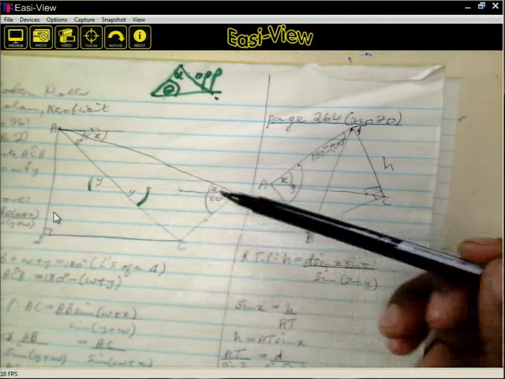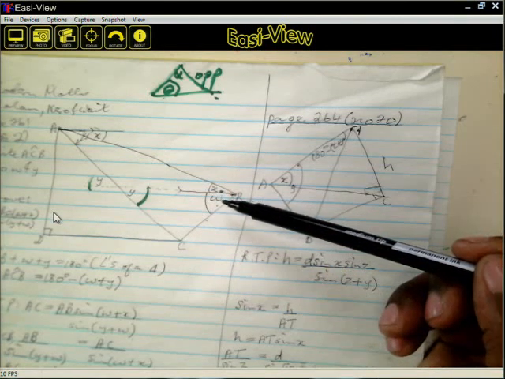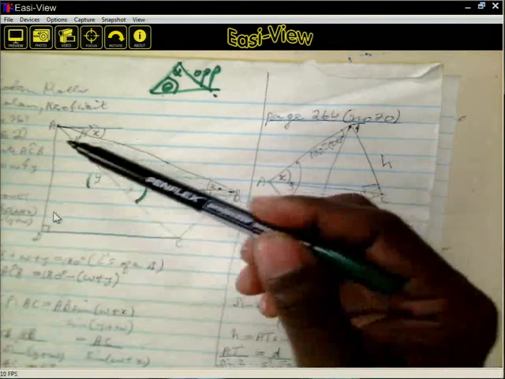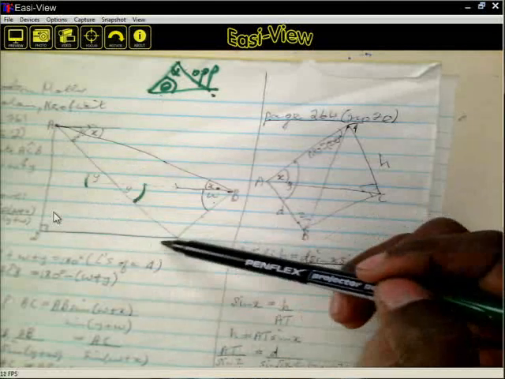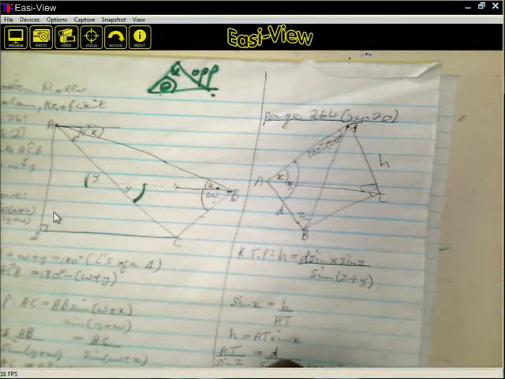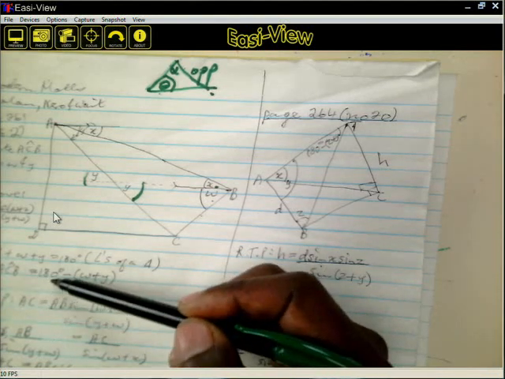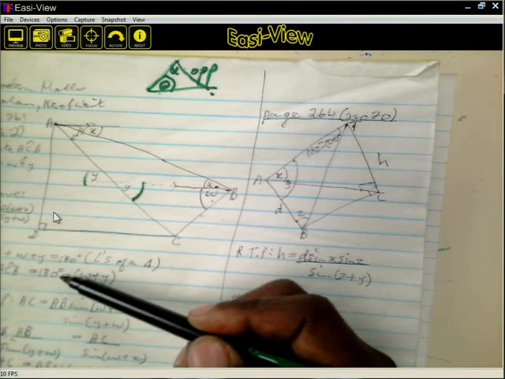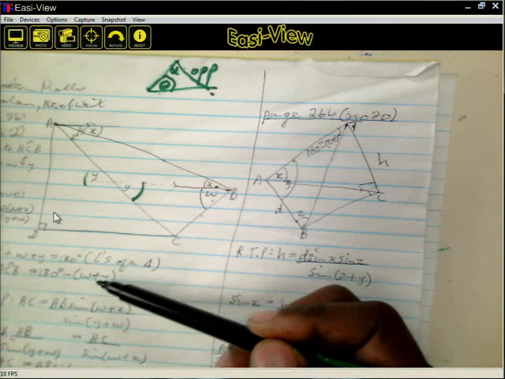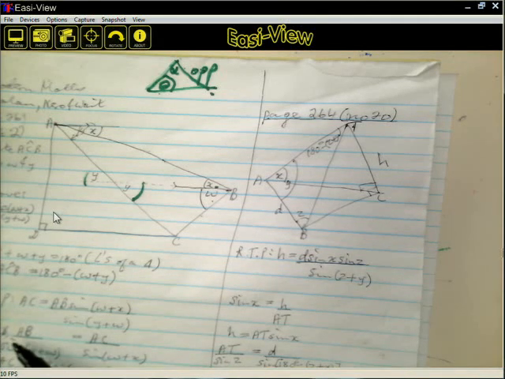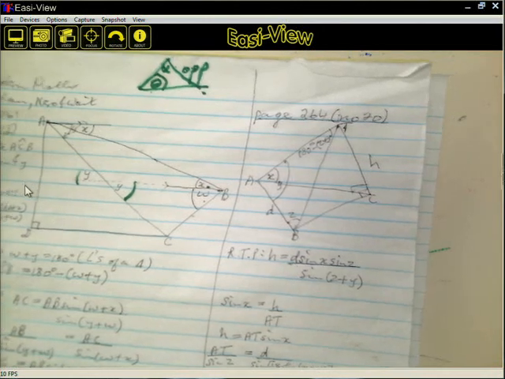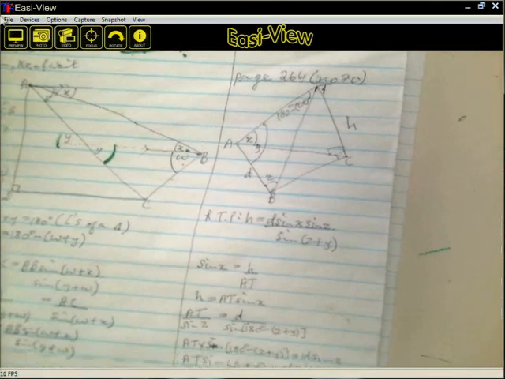So you have AB. It is not part of ACB, so it will be opposite ACB. But ACB is equal to 180 minus (W plus Y). So it is AB over the sine of, maybe we should write it down here.